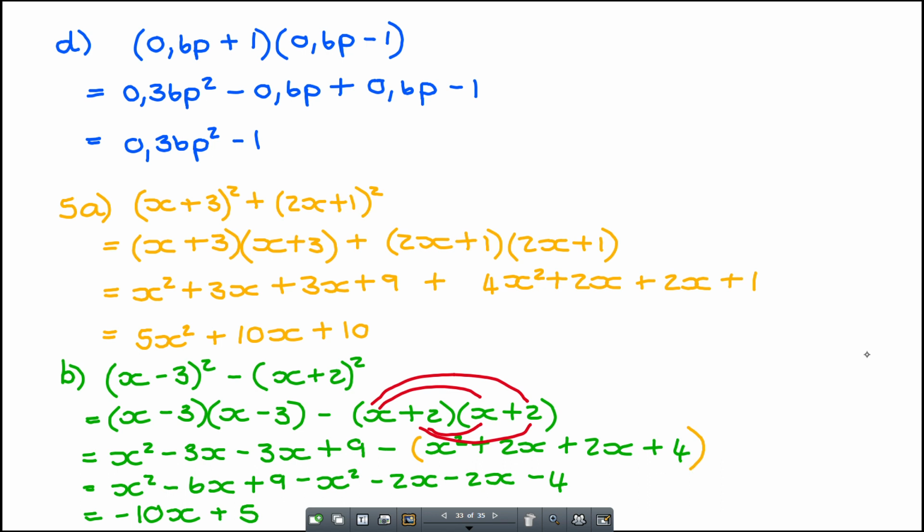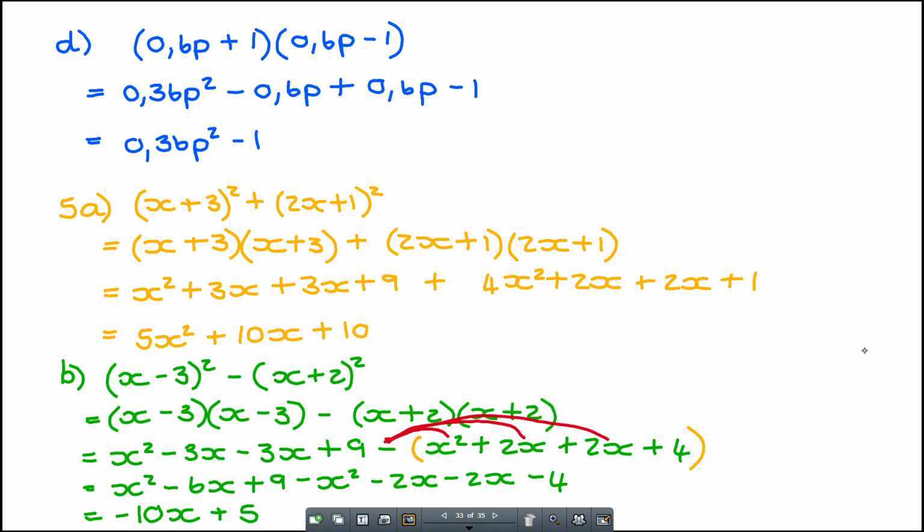Okay, now once I get there, I'm going to multiply in the negative. So negative 1 times x squared gave me negative x squared. Negative 1 times 2x gave me this negative 2x. Negative 1 times 2x, negative 2x, and negative 1 times 4, negative 4.